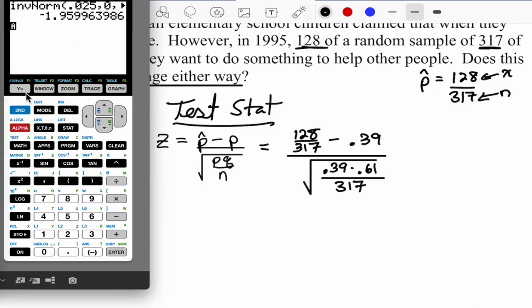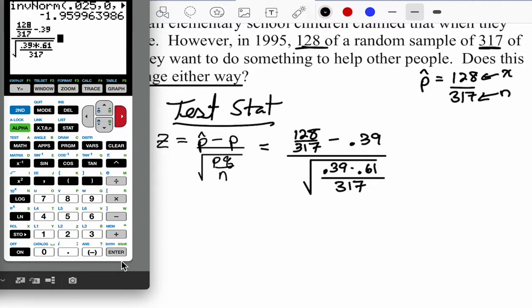So, 128 over 317 minus 0.39, divided by the square root of 0.39 times 0.61 over 317.